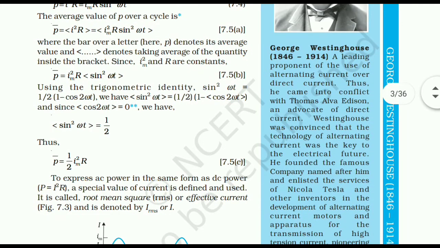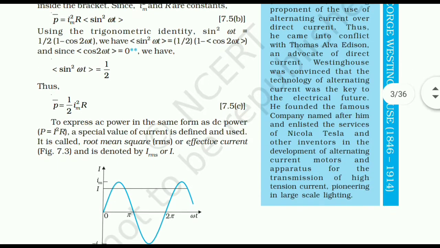Using the trigonometric identity sin²ωt = 1/2 (1 − cos 2ωt), and since the average of cos 2ωt is 0, we have ⟨sin²ωt⟩ = 1/2. Thus, P̄ = 1/2 Im²R.